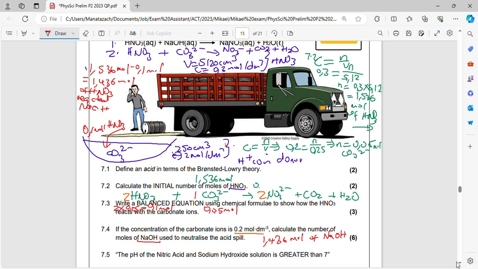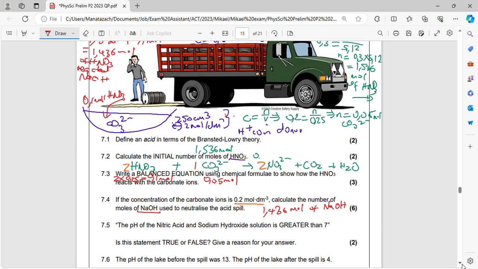Now 7.5 says: if the pH of the nitric acid and the sodium hydroxide solution is greater than 7. So that is from the first reaction. Is this statement true or false?